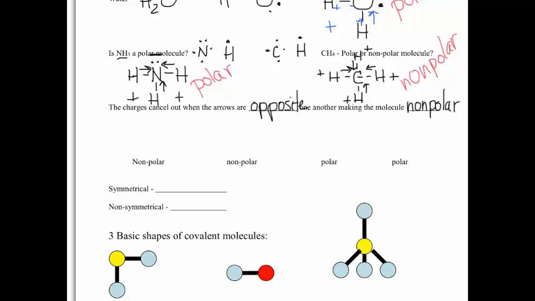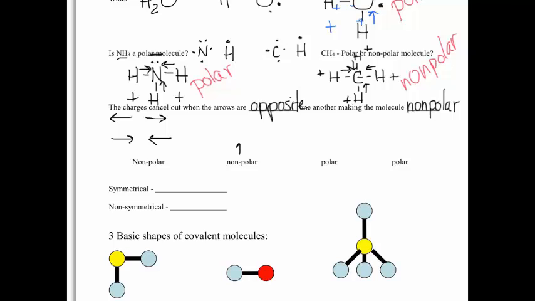So let's look at some of the possibilities for arrows you might see. If you had arrows over bonds, each going like this, it would still be nonpolar. If you had arrows, again, each going out like this, it would be nonpolar.